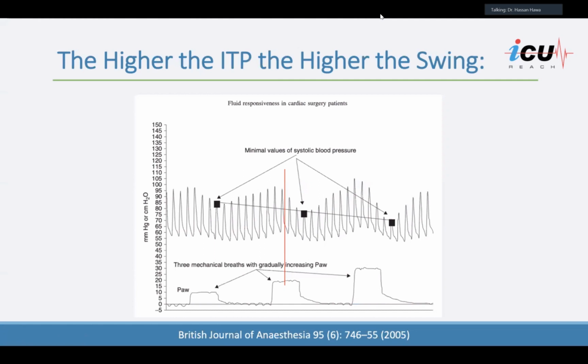So this is a very important concept, and this is further illustrated by this study in which they gradually increased the intrathoracic or the airway pressure, and that led obviously to a change in the tidal volume, and the higher the pressures inside the chest, the higher the change, or the swing, in the blood pressure waveform.